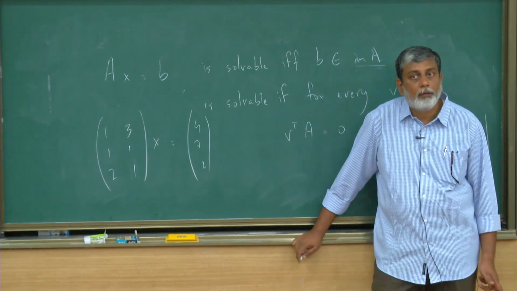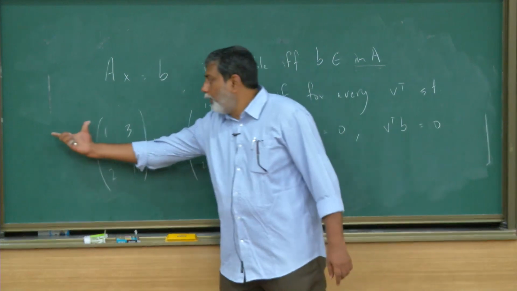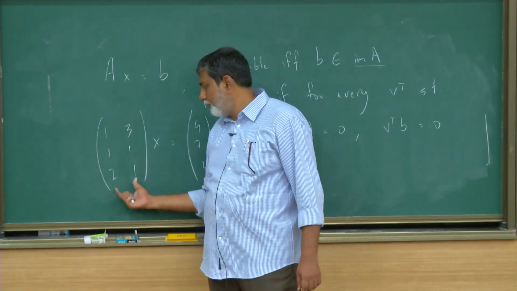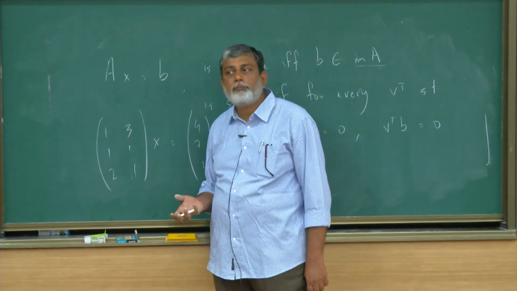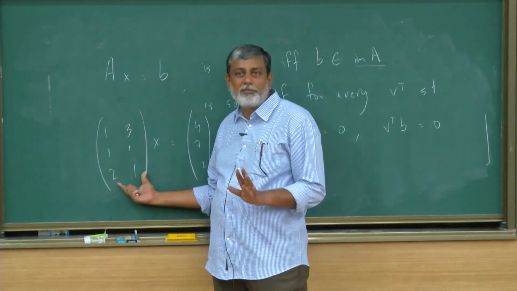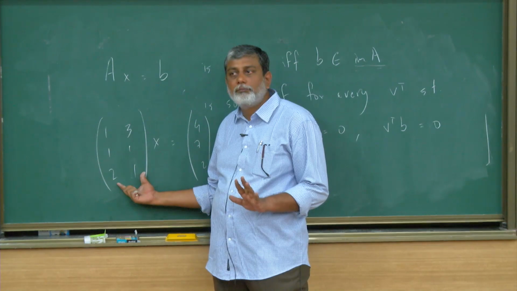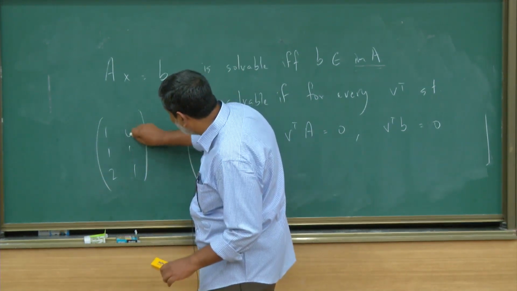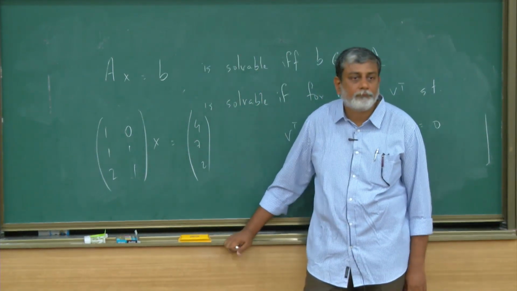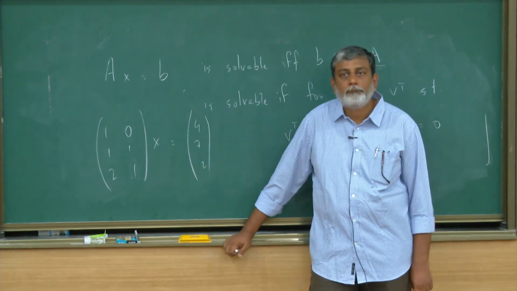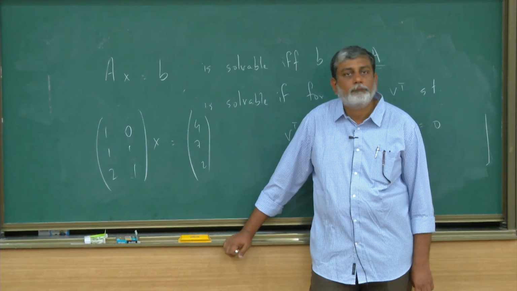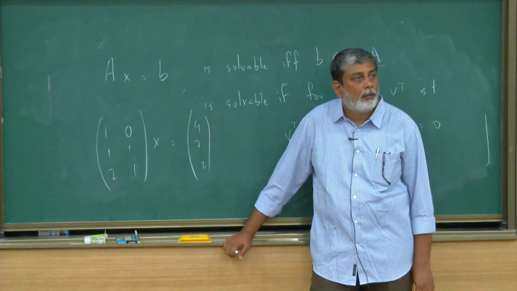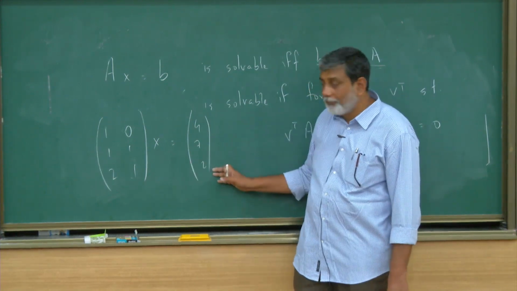What are the V's such that V times this is equal to 0? Rank of this matrix is 2. Yeah, this is the question.